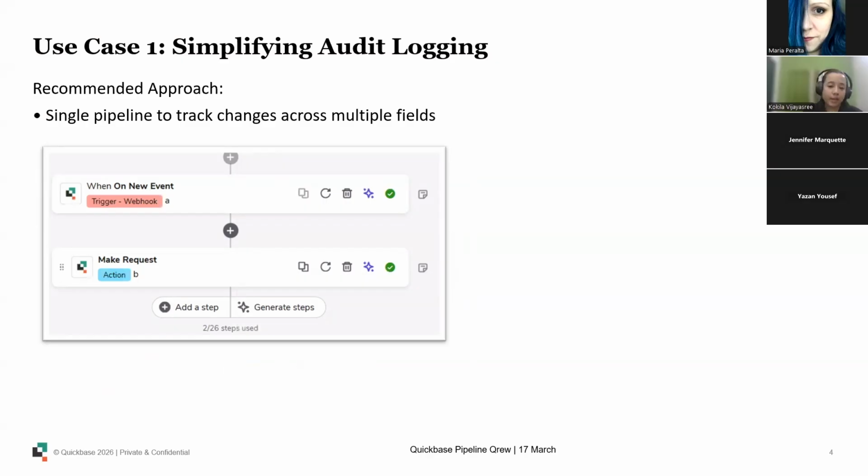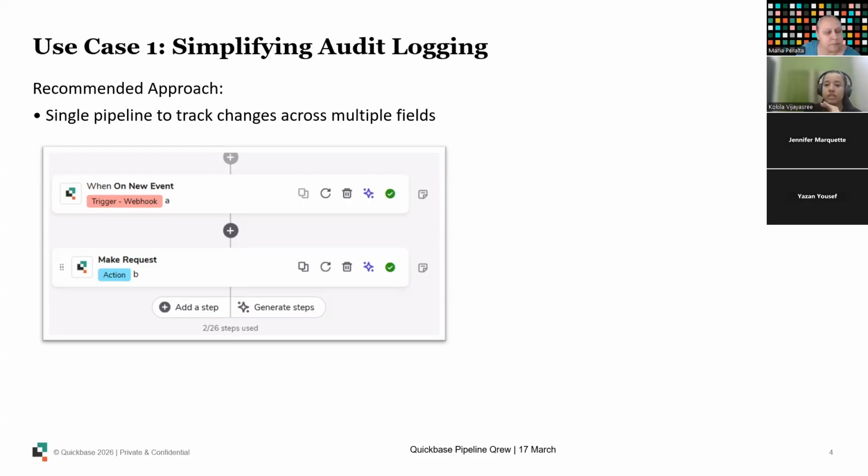So the recommended approach that I'm demonstrating today is to use a single pipeline where we can track multiple fields from the same table. So one pipeline, multiple fields. And here is how the design works on a high level. In the trigger step, we have an on new event. This is where we define all the fields for which we need to track the audit logs.